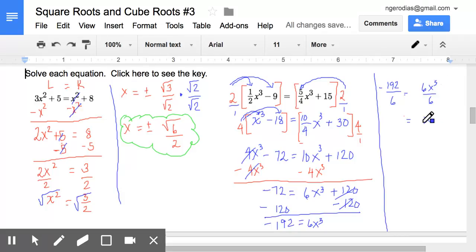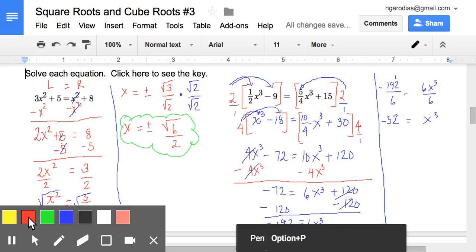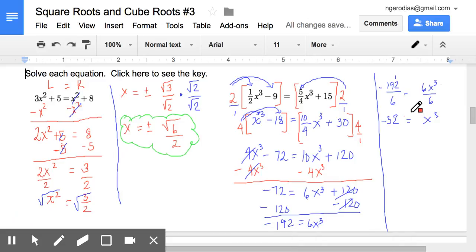And so we'll have x cubed is equal to negative 192 divided by 6 is negative 32. So now we're going to undo the cubing.